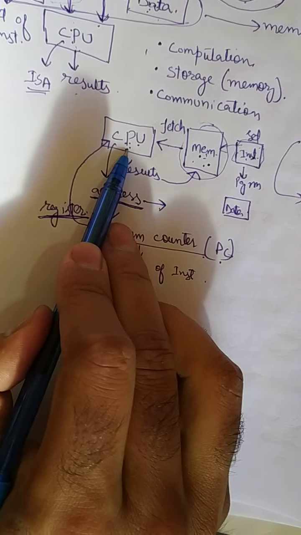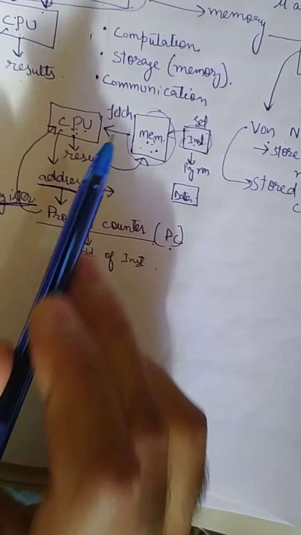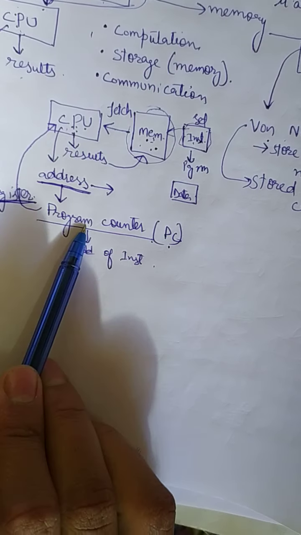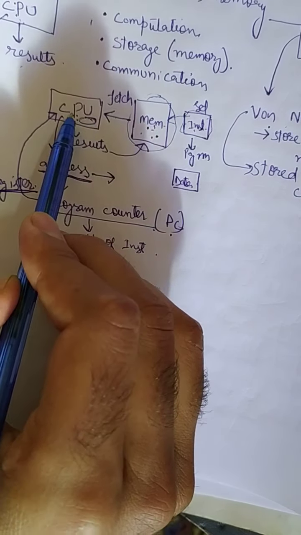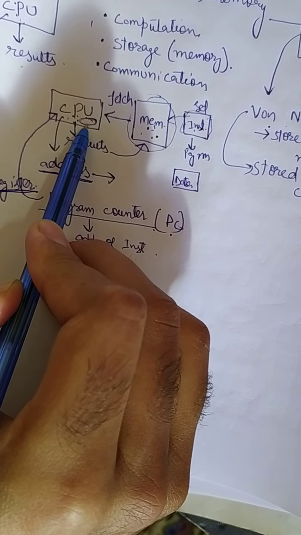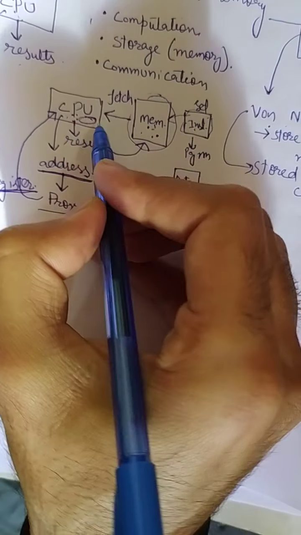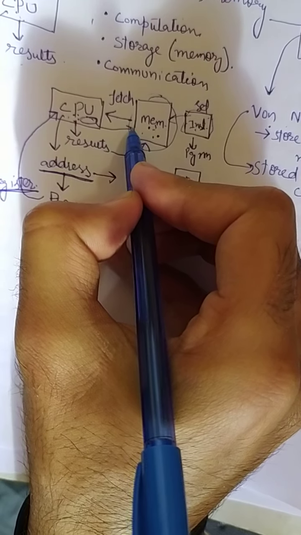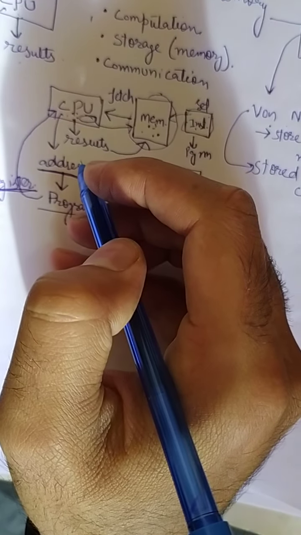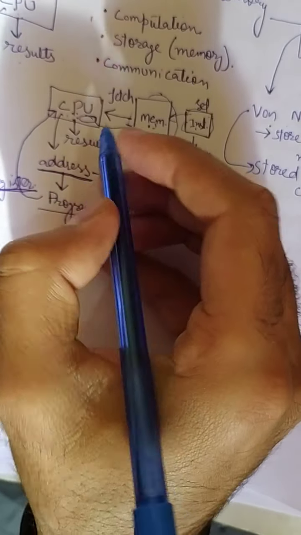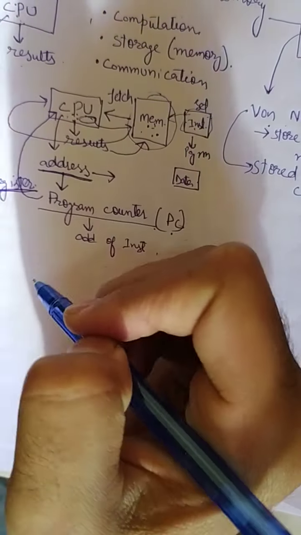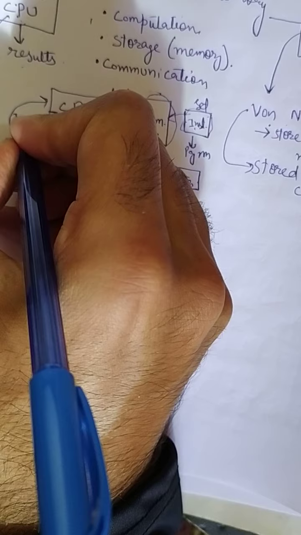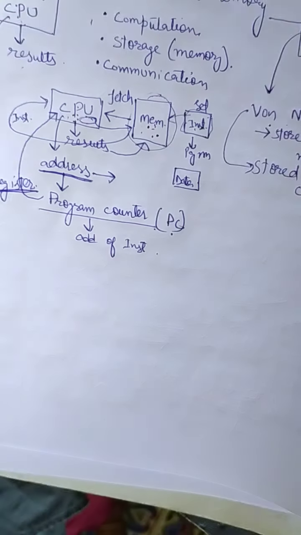So the CPU, before running any program, will first go to the program counter. The program counter is located inside the CPU. It will see the address from the program counter. It will go to that address in memory, and at that address it will get the instruction. And it will execute this instruction.